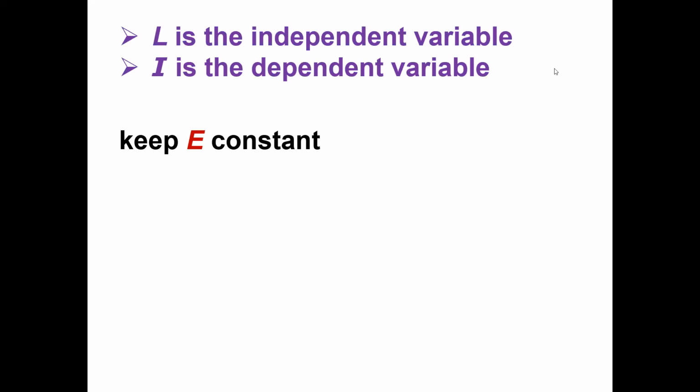L is the independent variable. I is the dependent variable. We will change L, the length. And when we change length, it is producing a magnetic field.